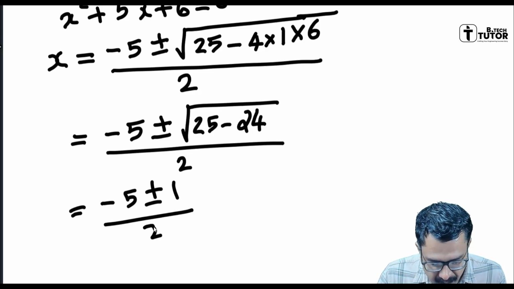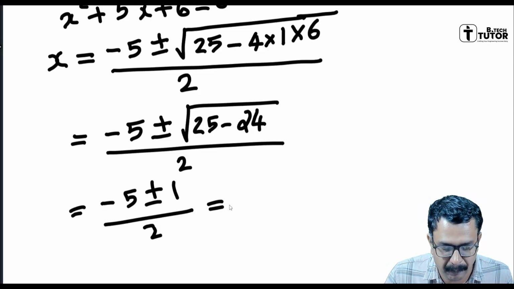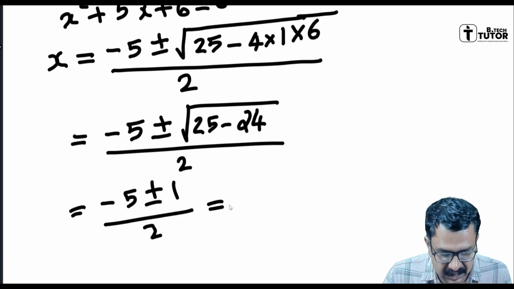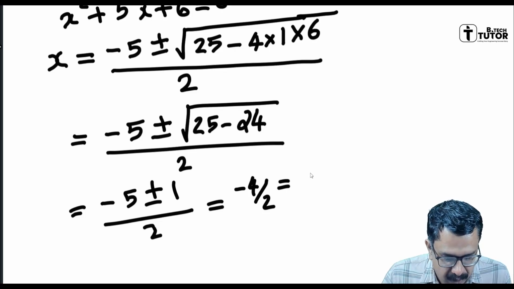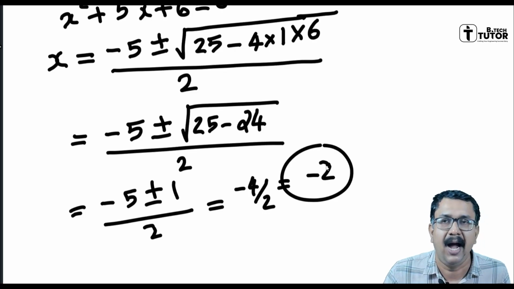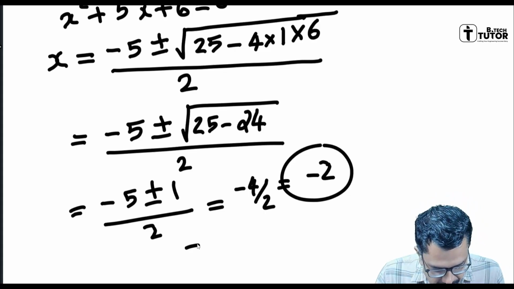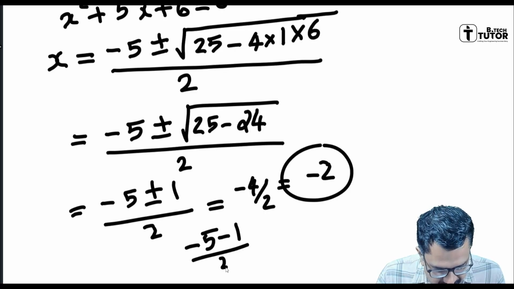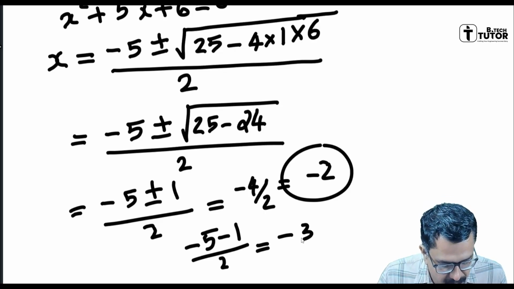Then we will get two answers. The first one is minus 5 plus 1 by 2, that is equal to minus 4 by 2. One answer is minus 2. And the next one is minus 5 minus 1 by 2, that is minus 6 by 2, that is equal to minus 3.